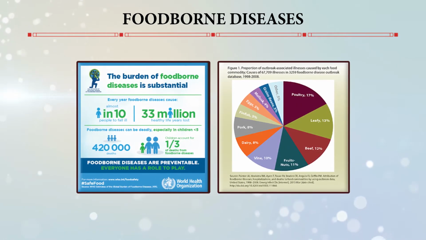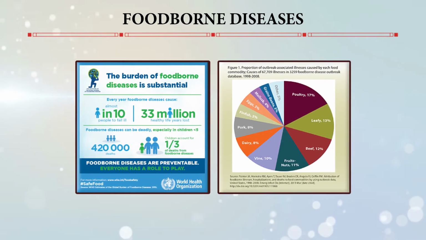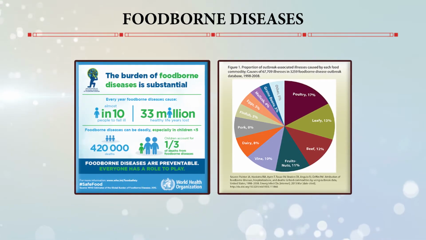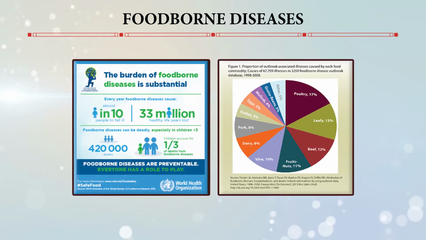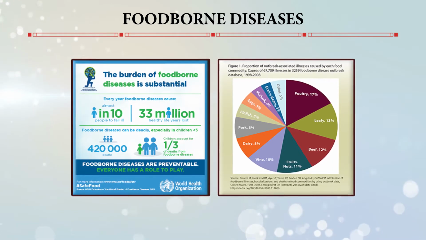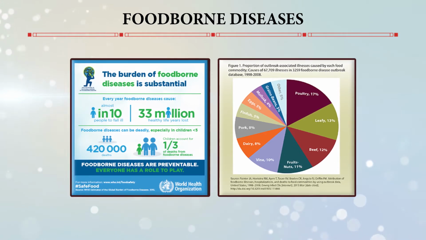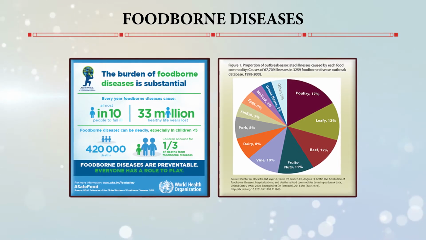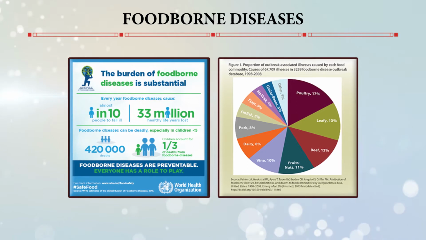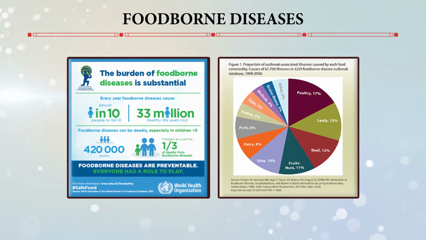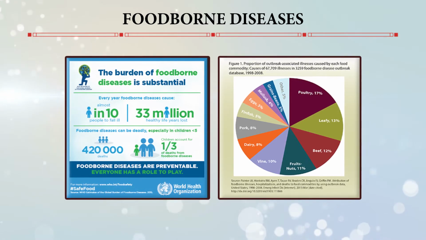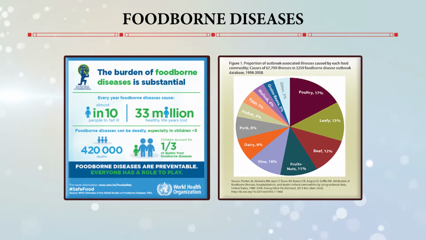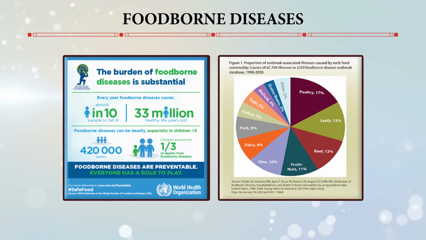Now if you see in this figure, it shows you the amount of the food products that are contaminated. You see 17% of poultry, then the leafy vegetables that may contribute 12 to 13%. Beef is also contaminated by 12%. In the same way, fruits and nuts, then the wine, then dairy products, so pork, all these can be affected, and there are outbreaks associated with the consumption of these items.